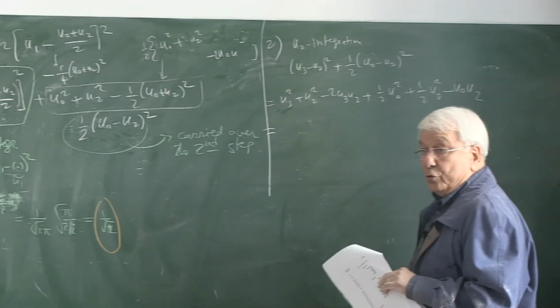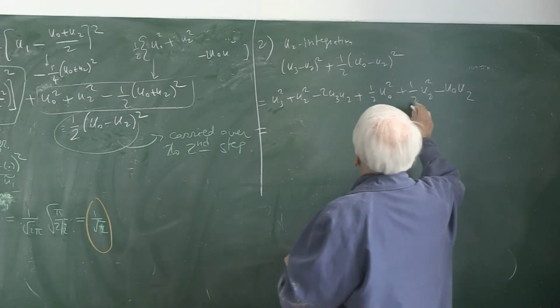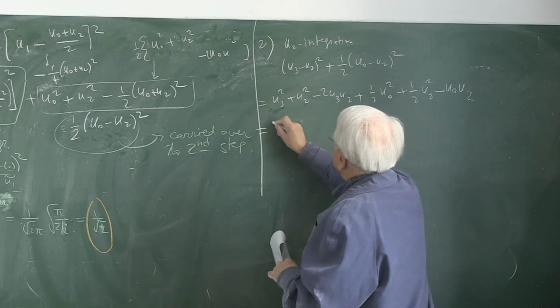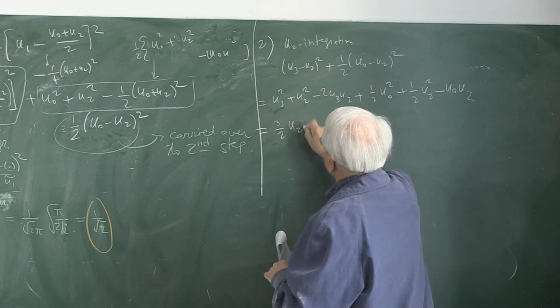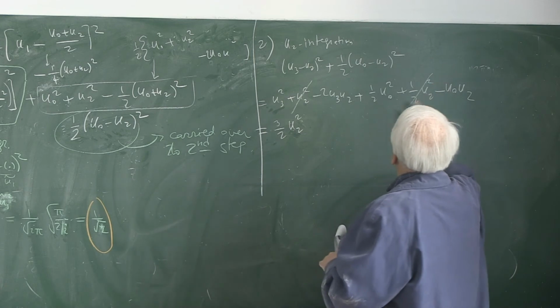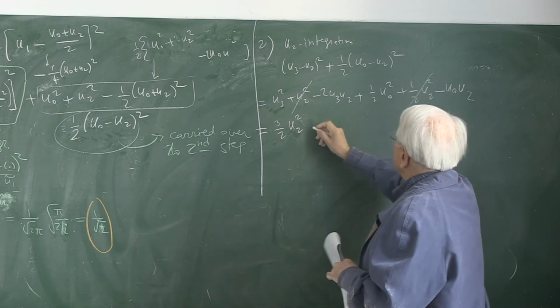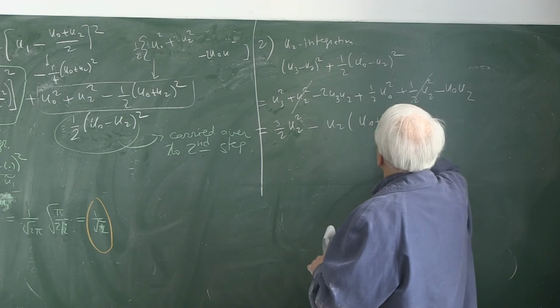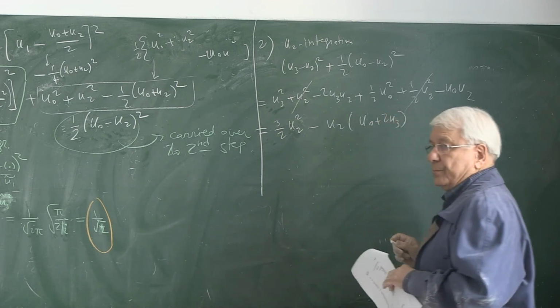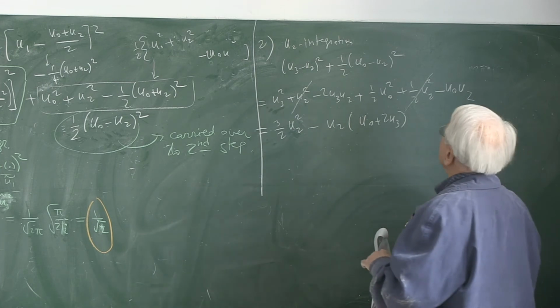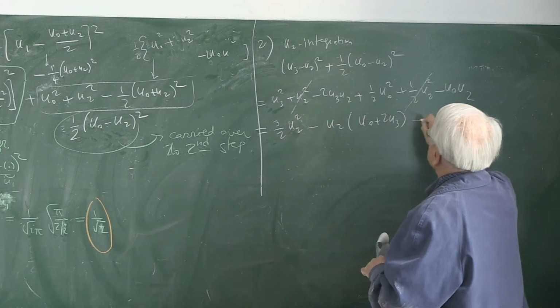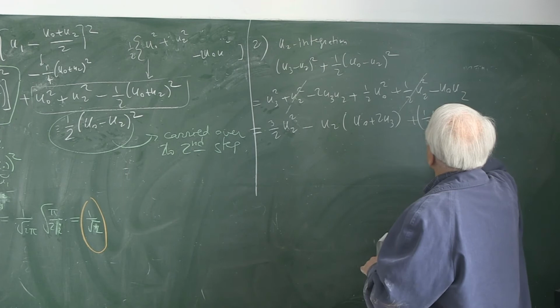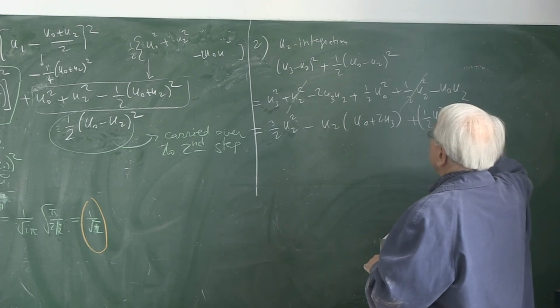Let me focus on the u2 terms. How many u2 terms do I have? This one and that one. 3/2 u2 squared. This one and that one, minus u2, u0 plus 2u3. Okay, then these two. 1 over 2 u0 squared plus u3 squared.